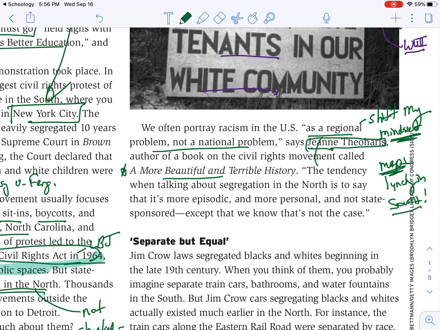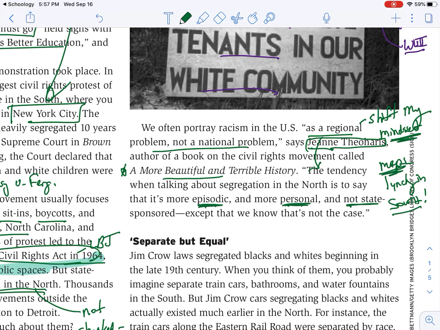She says, here's her quote, "The tendency when talking about segregation in the North is to say it's more episodic. So it's different episodes and more personal and not state-sponsored." So we have an individual in Fairview who makes a rude comment to somebody of a different race or ethnic orientation.